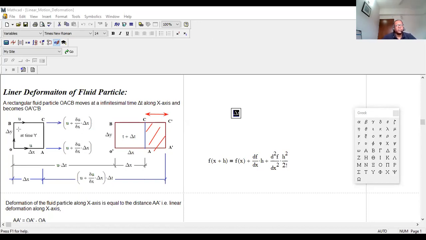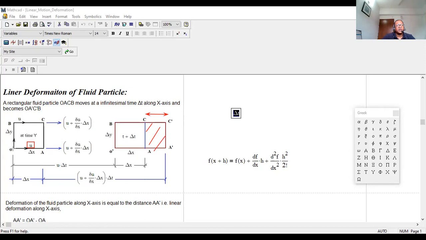Now you look, the velocity of point O along the x-axis is u. That is right over here, and this is u. The velocity of the fluid along the y-axis is v. That will be right over here. But there is no changing dimension along the y-axis. What does it mean?